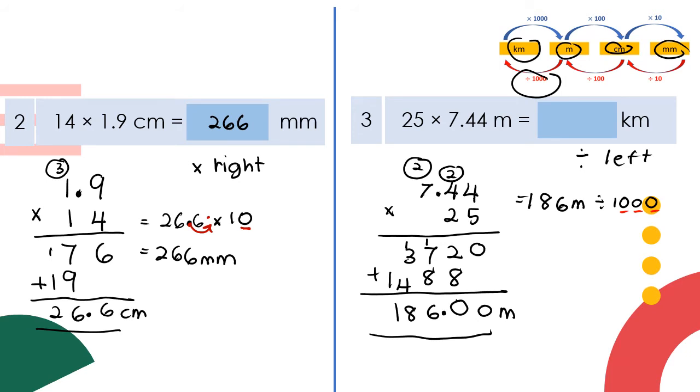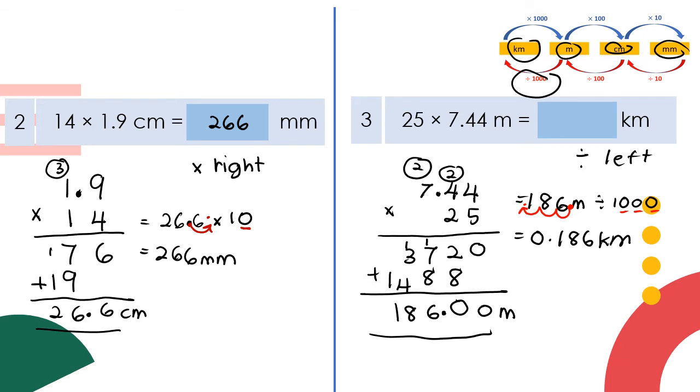If we don't have the decimal point, you put the decimal point at the end of the number, hujung sekali. 1, 2, 3. So you put the decimal point there. So you got 0.186 km. Remember, you must write the unit at the end of the answer.